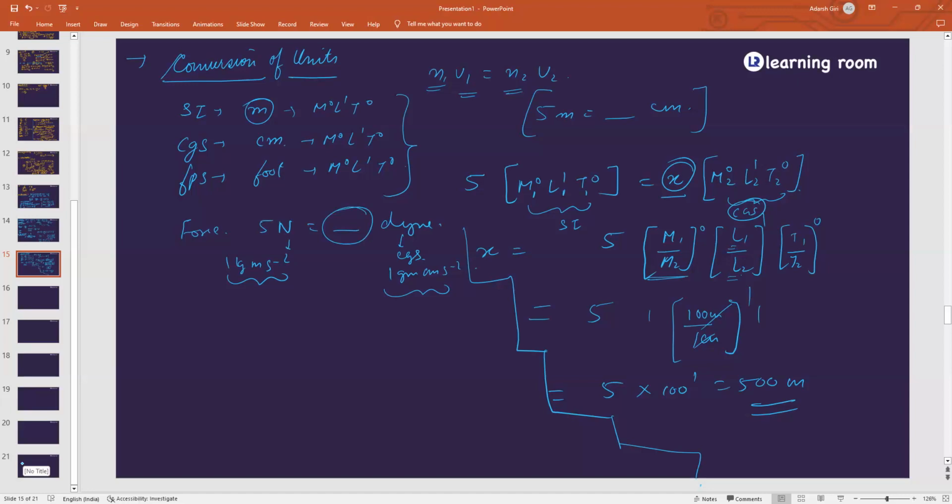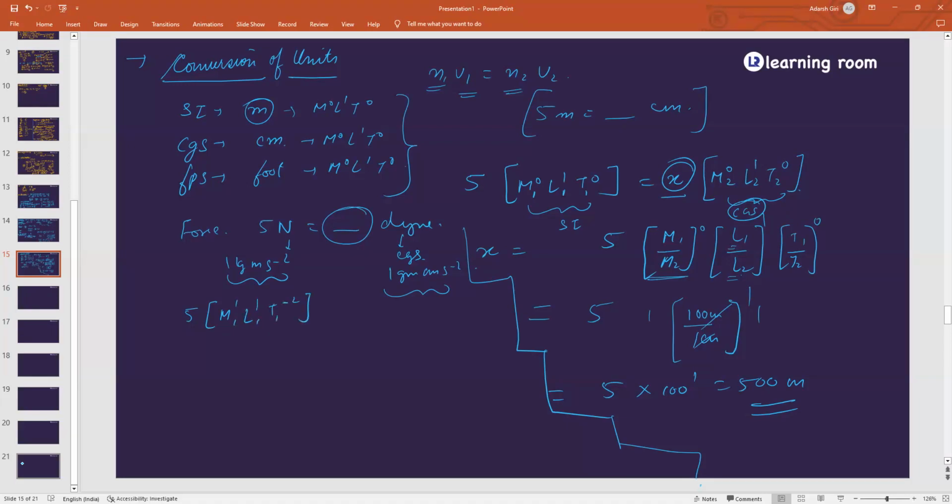How will I find it? So what will I do? I'll take the dimensions. N1, that is 5. Dimensions of force, Nivedita will tell me. What are the dimensions of force? M power 1, L power 1, and T power minus 2.